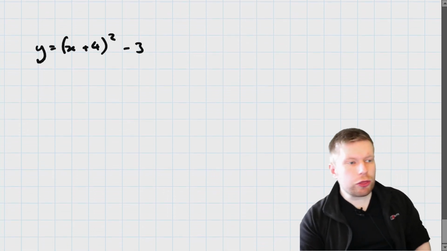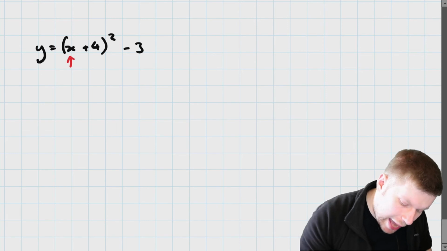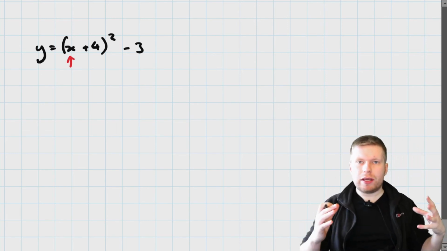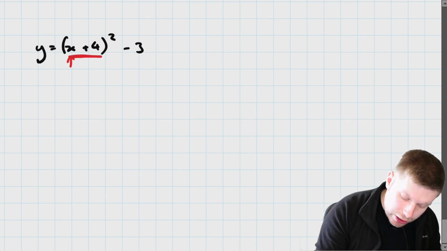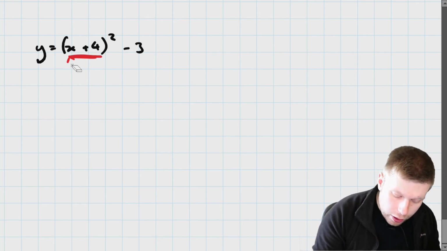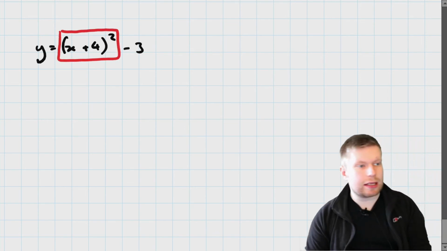Okay, so there's two things which have happened here. Let's first of all break it down. Let's first of all start with the x and see what we get. So the first thing that we would do using order of operations if we started with x is add 4. So you notice that we need to consider this part first.